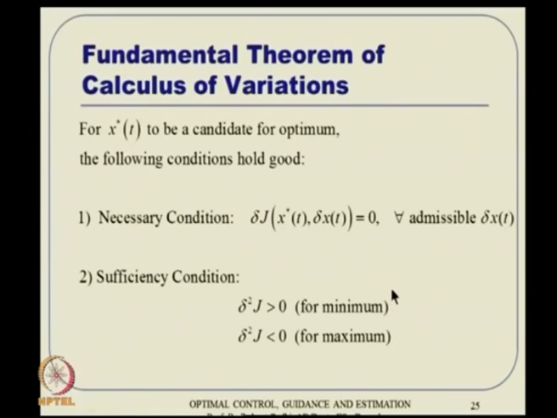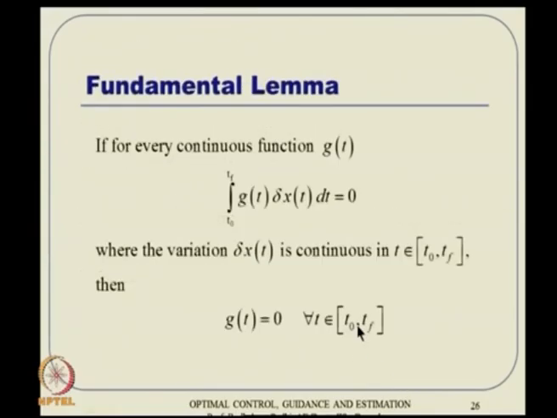Then there was a necessity of deriving necessary and sufficiency conditions for optimality, and we observed that, very close to static optimization, in calculus of variations also the first variation has to be equal to 0 for all admissible variations of x, and the sufficiency condition says that the second variation has to be positive for a minimum or negative for a maximum.